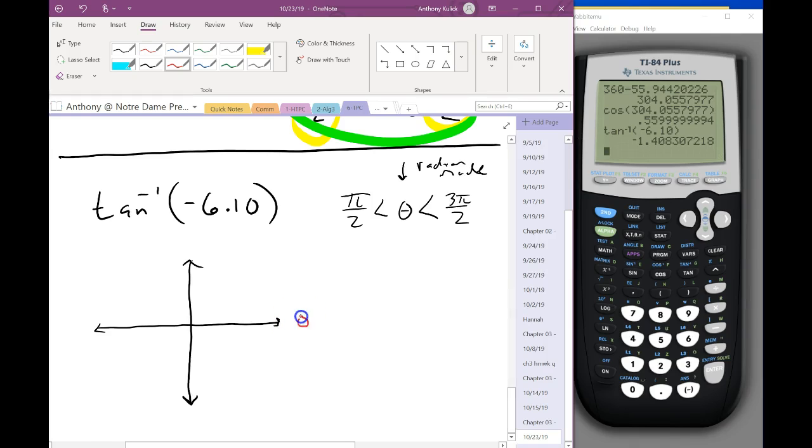So if this is 0, this would be like negative pi over 2, right? If we're going clockwise. If I type that into my calculator, negative pi over 2 is about negative 1.57. So we are going to be in this quadrant down here somewhere. Everybody okay with that?